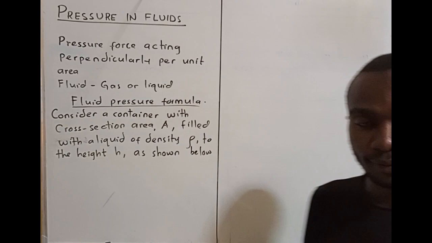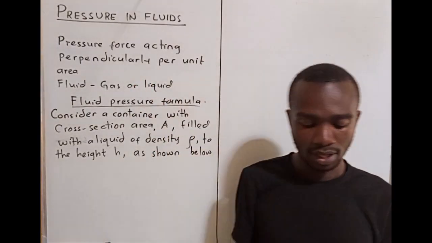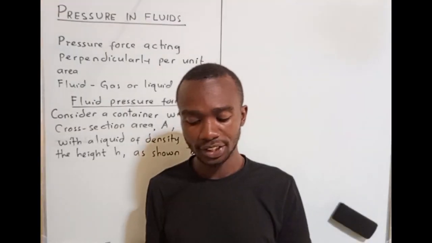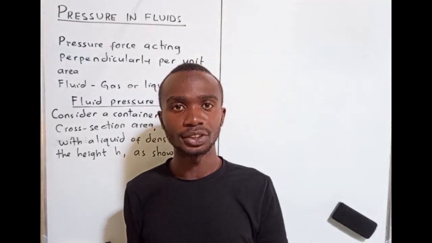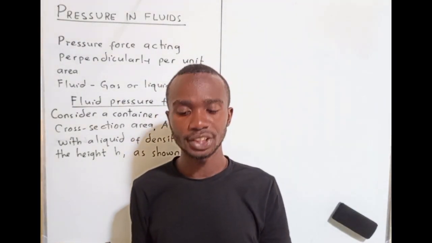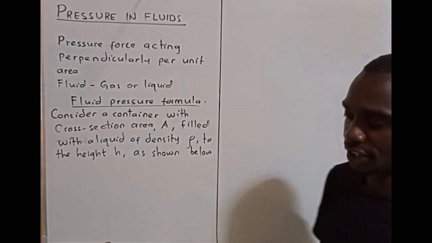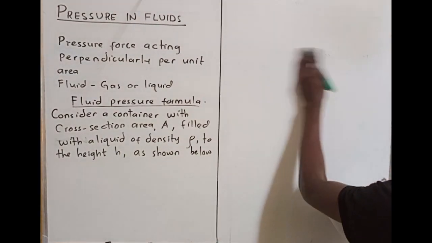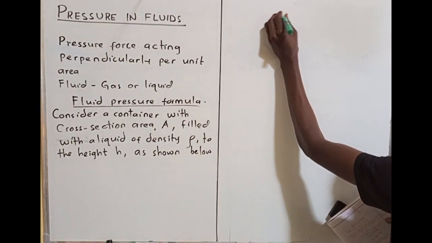The container is cylindrical in shape, and its cross-sectional area is capital A, and it contains liquid of density ρ to the height h, as shown below. So I'm going to illustrate that in the diagram.